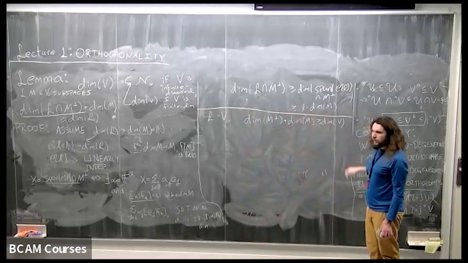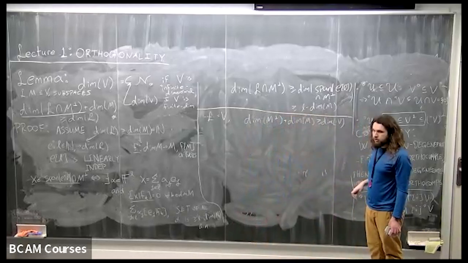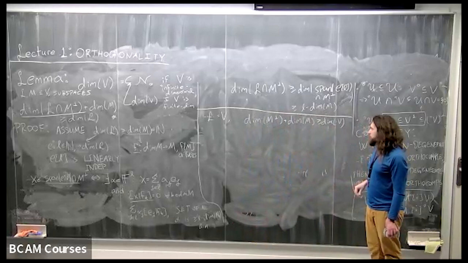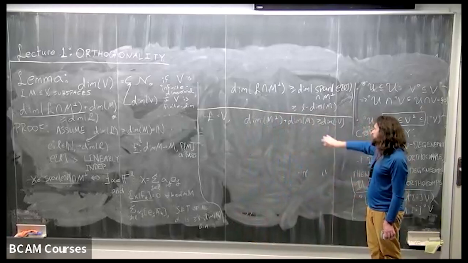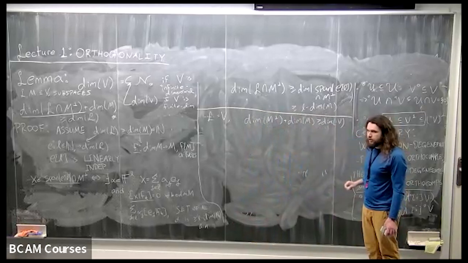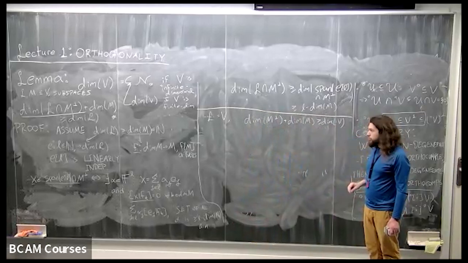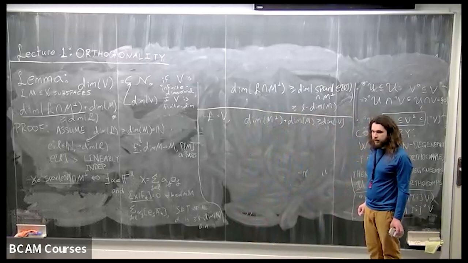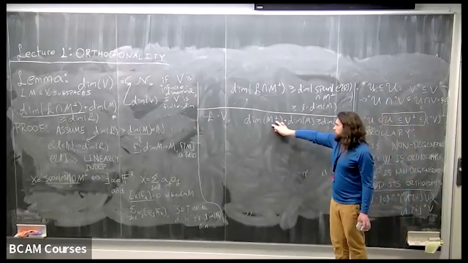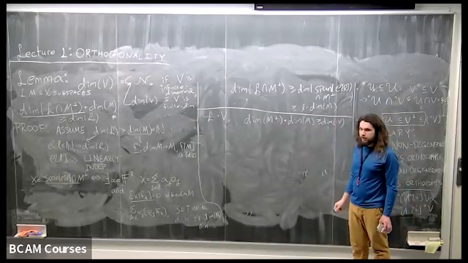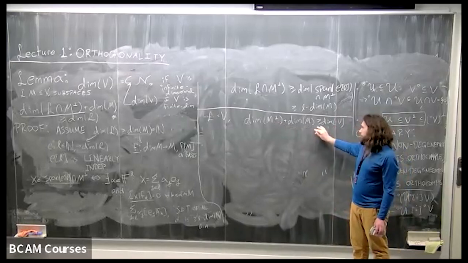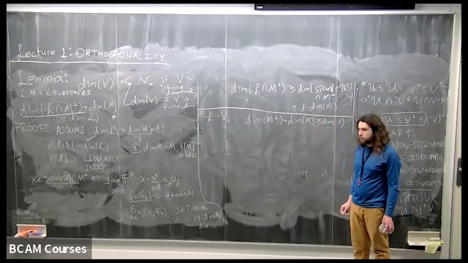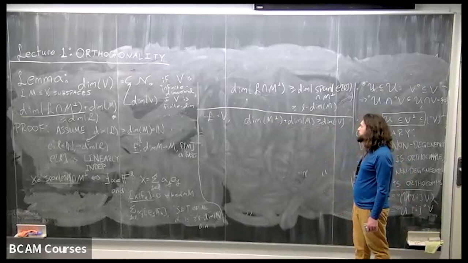Now here, because I haven't made any non-degeneracy assumptions on the subspace, it's entirely possible that this is actually an inequality rather than an equality. The trivial case would be, for example, if I had the completely neutral inner product, the function that just maps everything into zero. If you have that, then the orthogonal complement of any subspace is the entire space. So this is actually an inequality sometimes, not just straight up an equality.